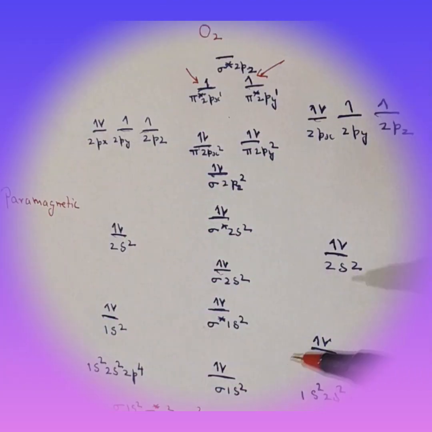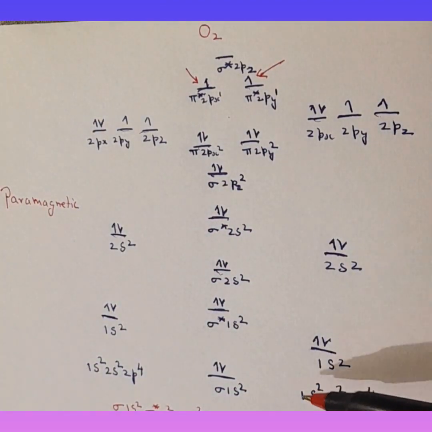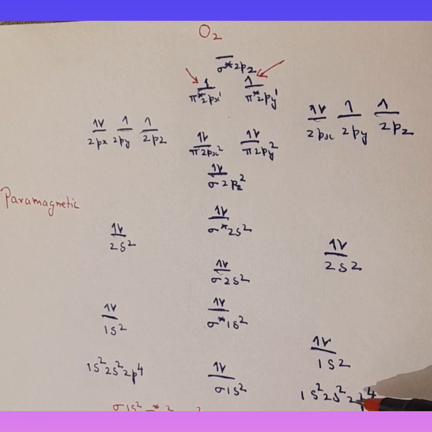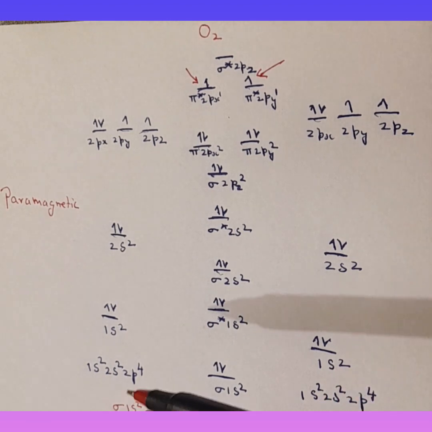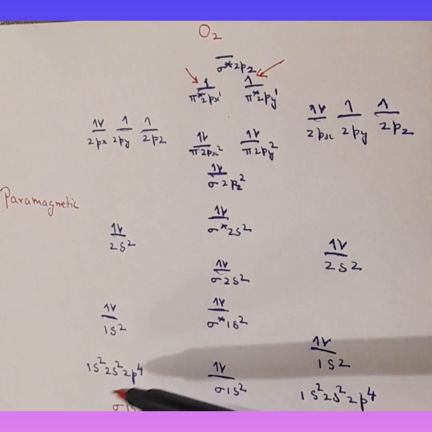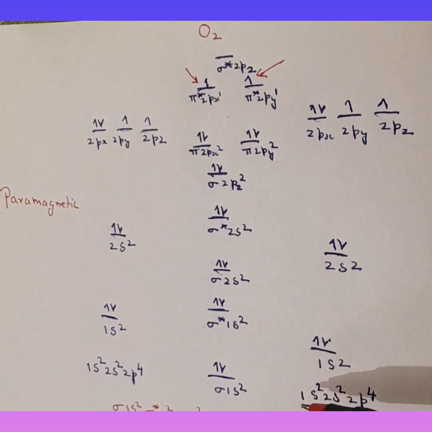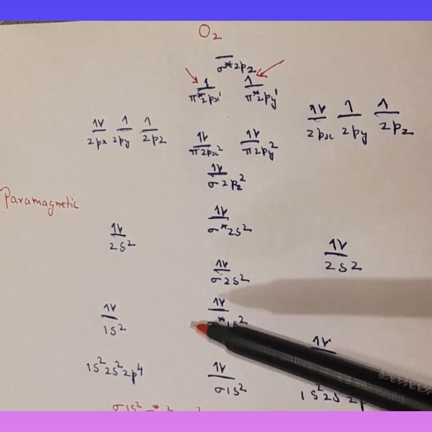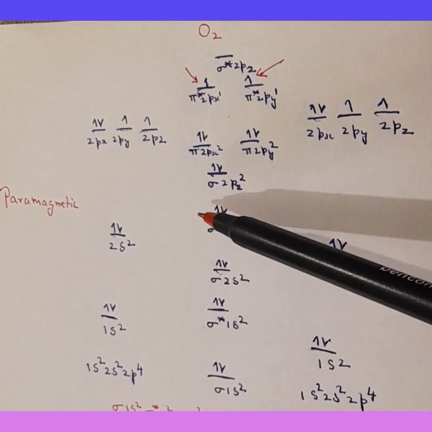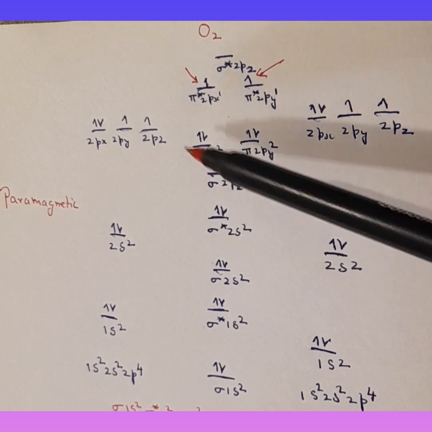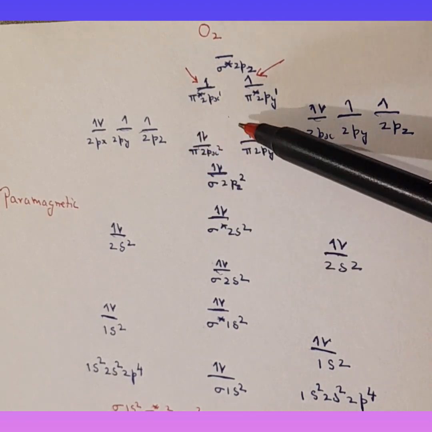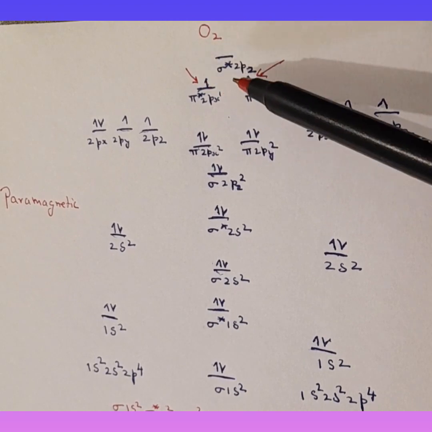Alright. Now we have got to fill in electrons. Total number of electrons: 4 plus 4, 8, plus 8 comes to 16. So we have got to fill in 16 electrons. 1, 2, 3, 4, 5, 6, 7, 8, 9, 10, 11, 12, 13, 14, 15 and 16.